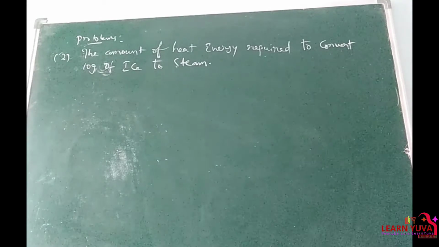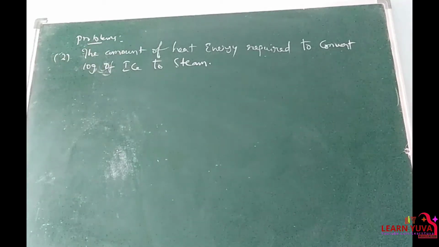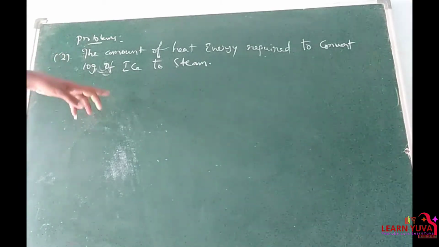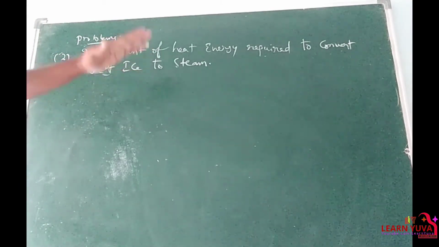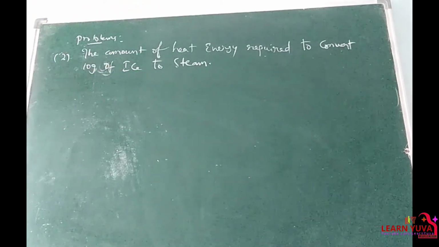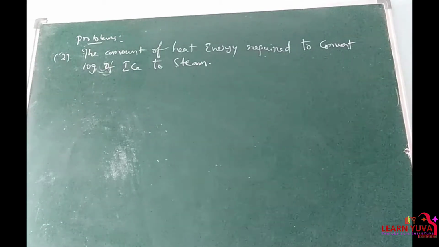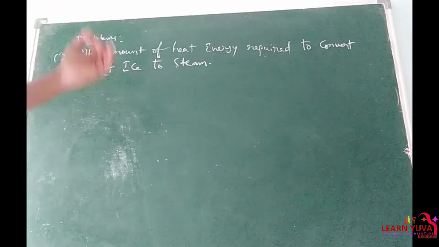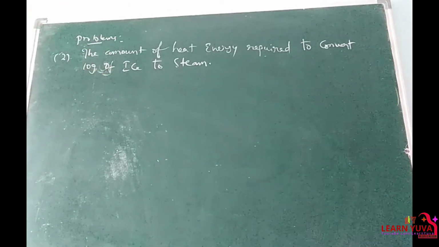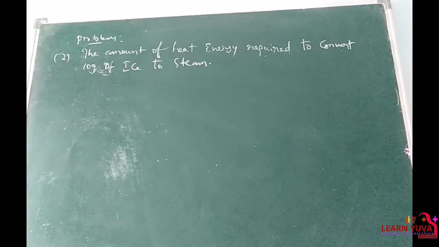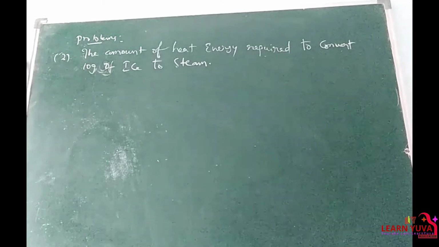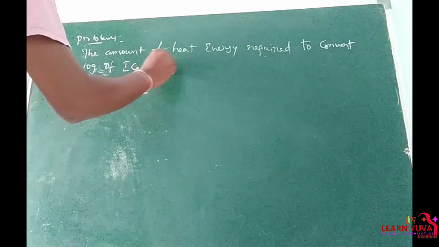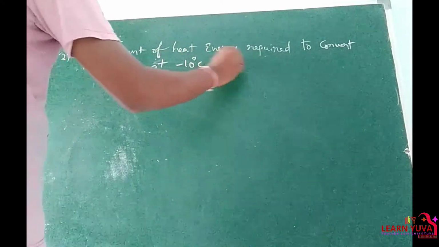Here the question is, what is the amount of heat energy required to convert 10 grams of ice to steam? Steam in the sense vapor, ice in the sense solid to gas. Let's see carefully what is the process involved. 10 grams of ice at minus 10 degrees Celsius to steam.